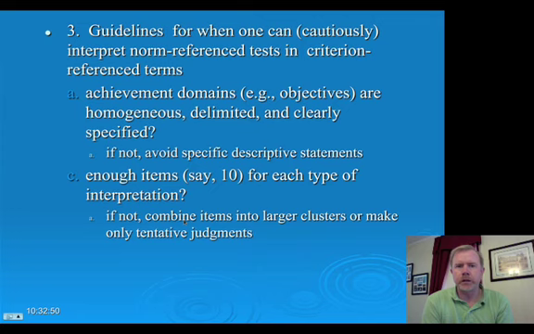For example, we could administer the quantitative portion of the SAT, and we could make inferences about how good those students were in math compared to other students. But we couldn't necessarily say whether they had mastered particular algebra concepts or particular geometry concepts.